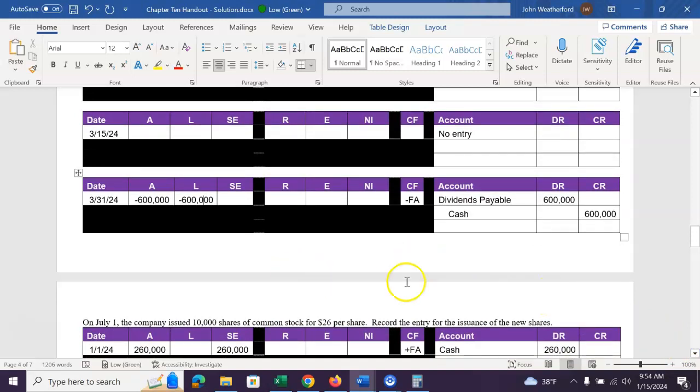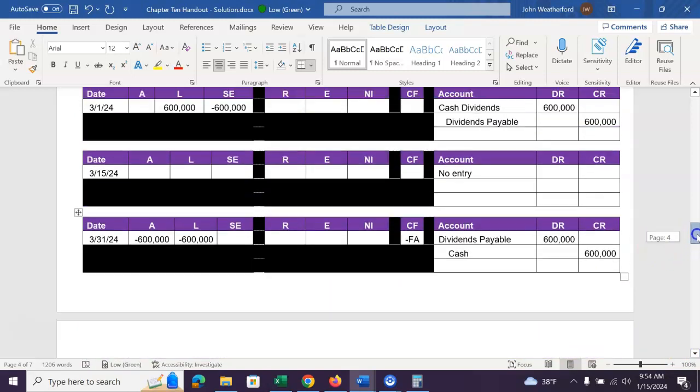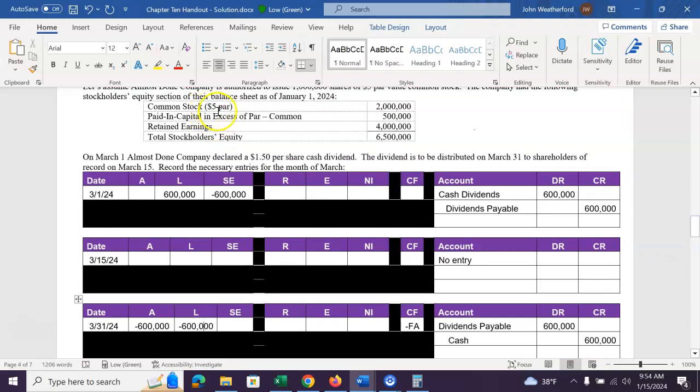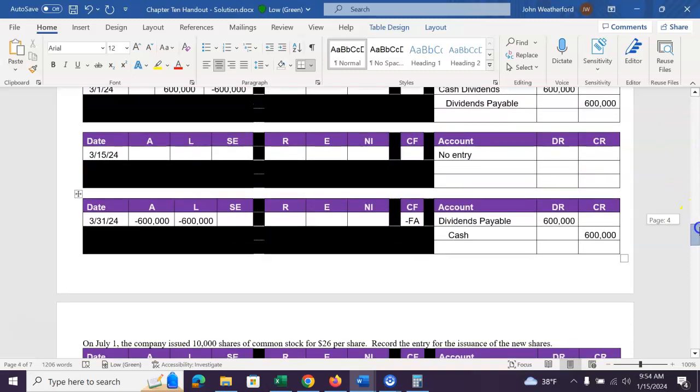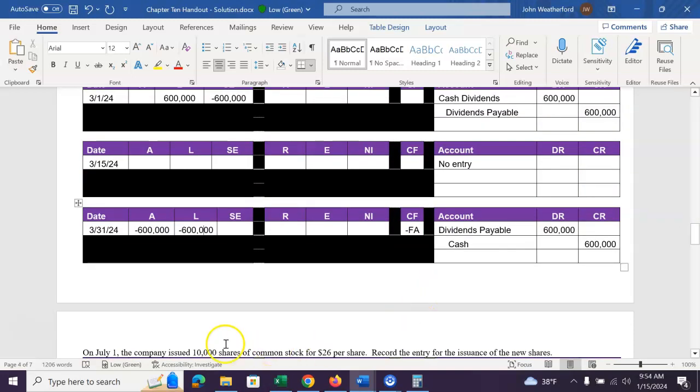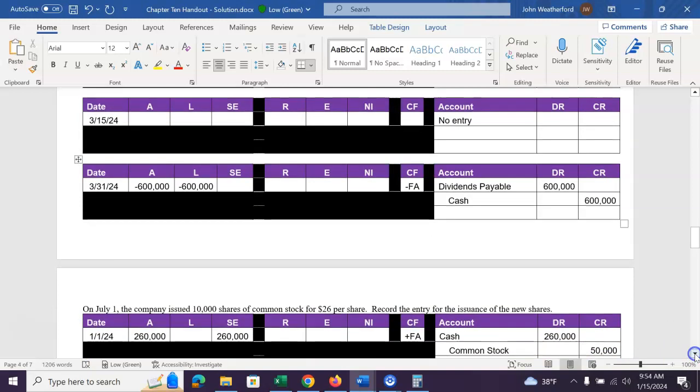We'll credit common stock for par value, which was $5, times the number of shares issued, 10,000 shares. Well, of course, that's $5 par times the 10,000 shares. That gives us 50,000. There's our credit to common stock. And then we'll credit paid in capital in excess of par common stock for 210,000.